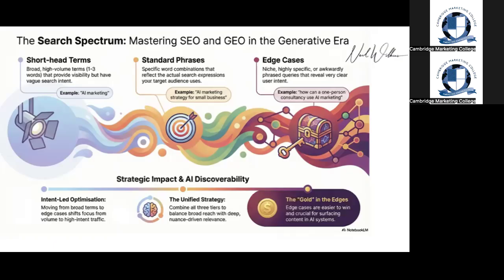And again, this is how AI agents are working. They want to give the very best answers, the most nuanced answers to their humans. So they're not going to be bothered by these high level vague search terms. They're going deeper as fast as they possibly can.